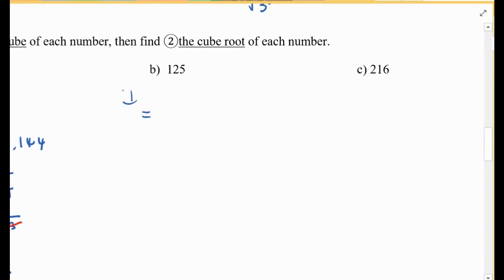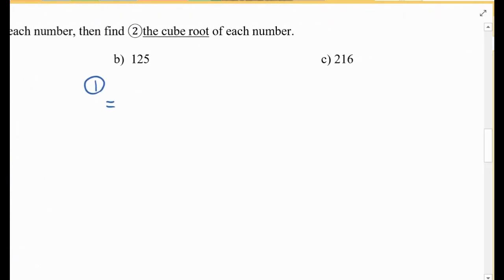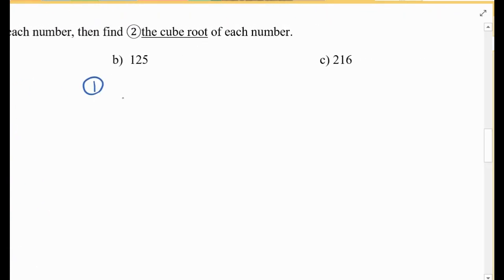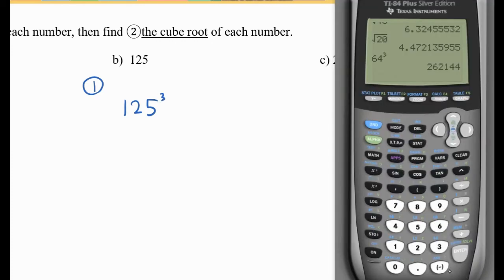Okay, number 1. 125 cubed. So let's use your calculator. 125 to the power of 3. That is 1,953,125.